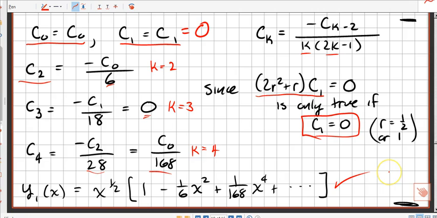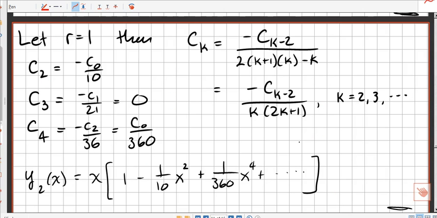Which gives us our first solution, y sub 1 is x to the 1/2. Remember, we factored out that x to the r term, so that's always going to be multiplied out front. So x to the 1/2 times the quantity 1 minus 1/6 x squared plus 1/168 x to the 4th plus whatever the other terms are. All right, then we let r equal 1.